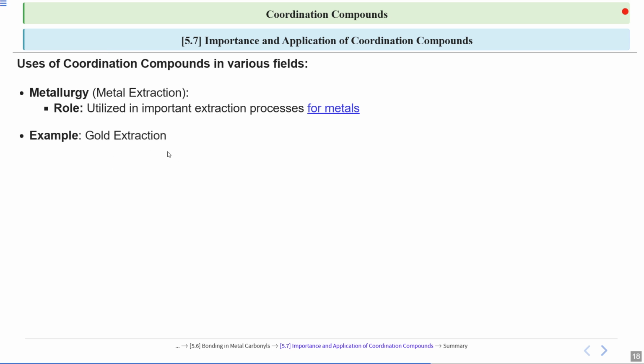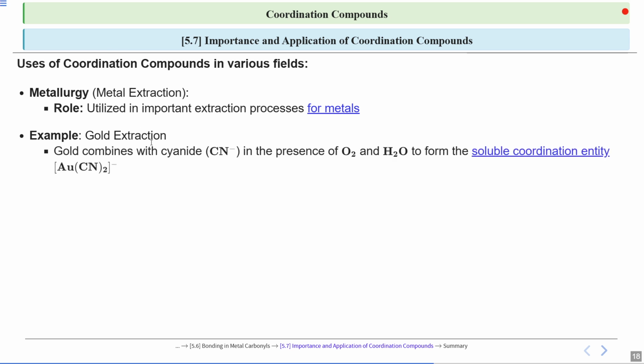For example, gold extraction. If we are extracting the gold, then we are going to use these. Gold combines with the cyanide ion, CN negative, in the presence of oxygen and water to form the soluble coordination entity, which is Au(CN)2 with a negative charge.